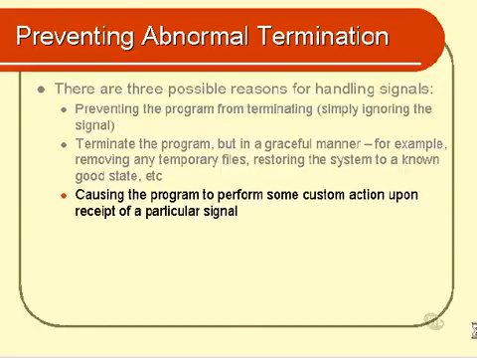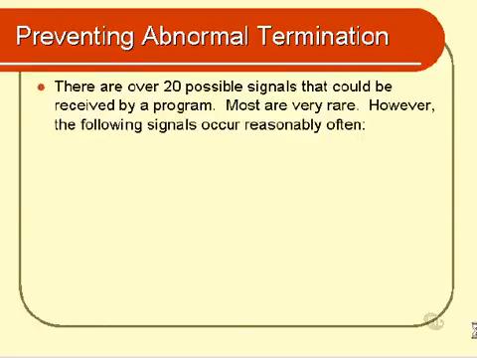You might have a shell script that's running, it might have been running for a while, and you want it to do a particular action, and so you can do that from any terminal on the system. You can simply send that particular shell script a particular signal, and that shell script will perform the custom action that it has been designed to do when it receives that signal. So essentially you can communicate with that running shell script from anywhere, which is very handy when you think about it.